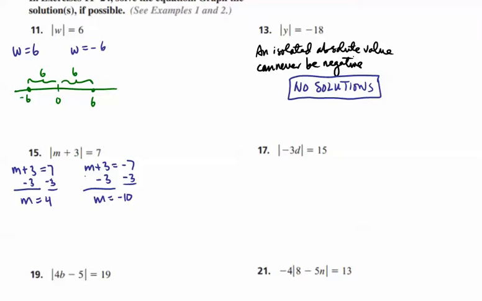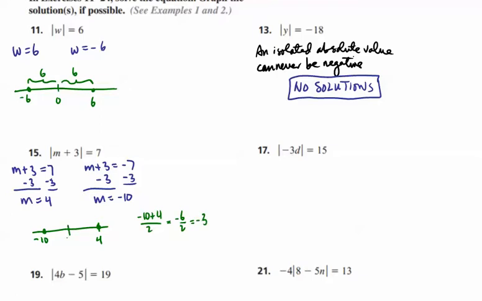When I go to graph this, I have negative 10 on the left, positive 4 on the right. I need to find the center, so that would be negative 10 plus 4 divided by 2 is going to give me negative 6 over 2, or negative 3.